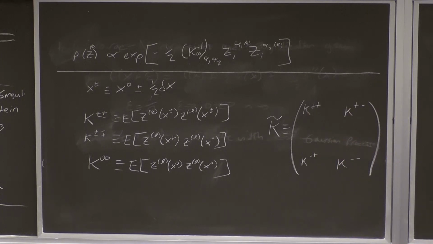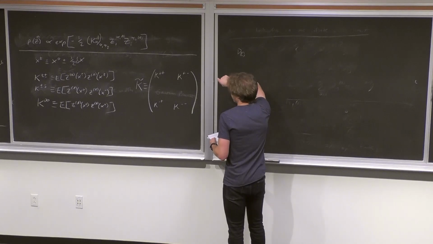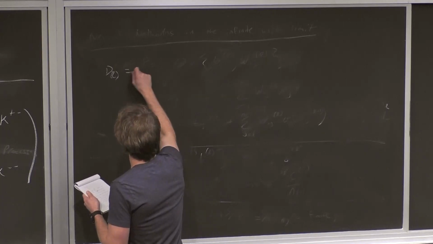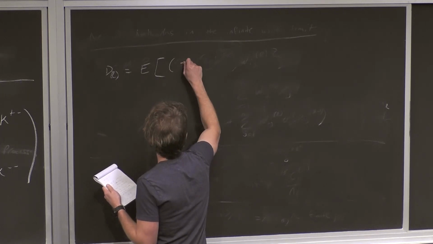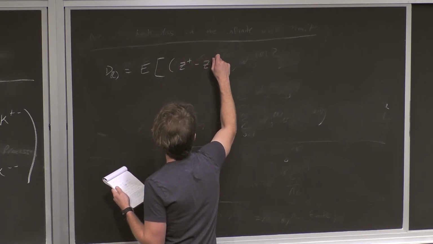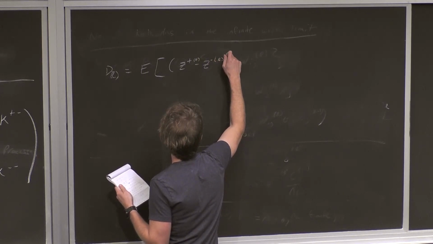Okay, so one reason is that there's a nice observable, which I'll call D_L, which tells you the average distance between z plus and z minus at layer L.